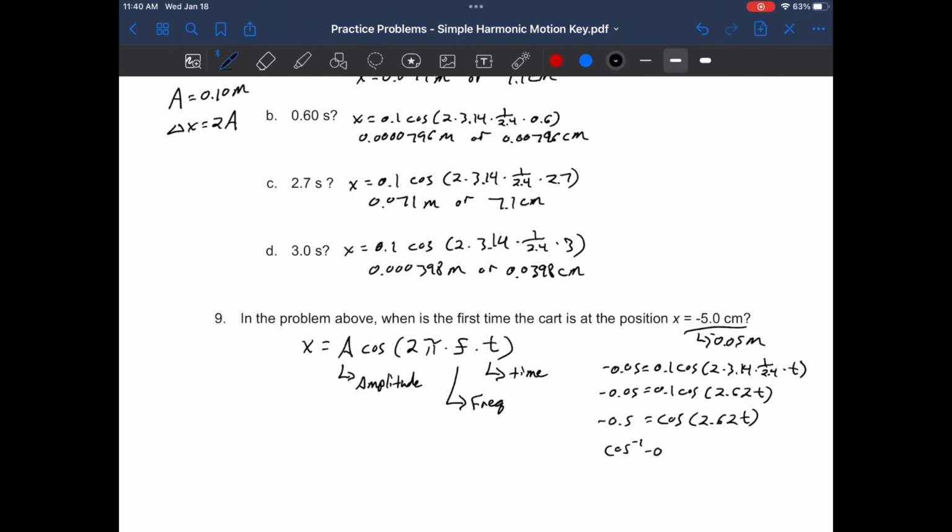So cosine to the negative 1 times negative 0.5 is equal to 2.62 t. Do the left side in my calculator. So second cosine of negative 0.5 is equal to 2.094 is equal to 2.62 t. Divide both sides by 2.62, and I got 0.8 seconds for my time.